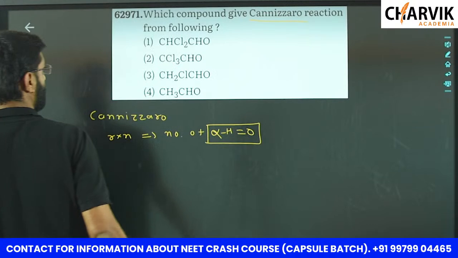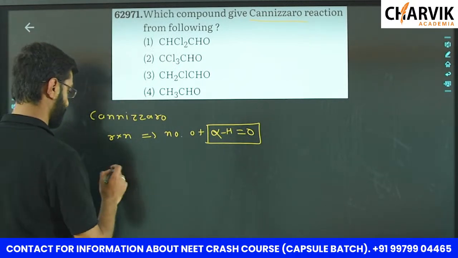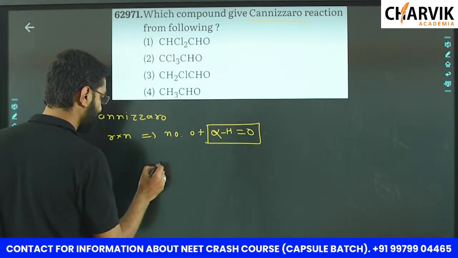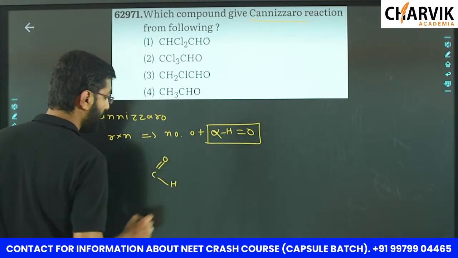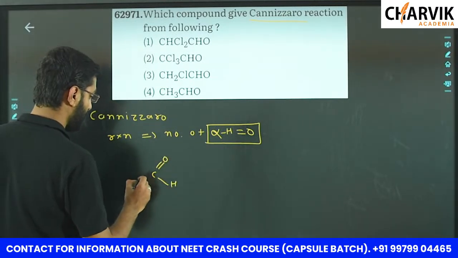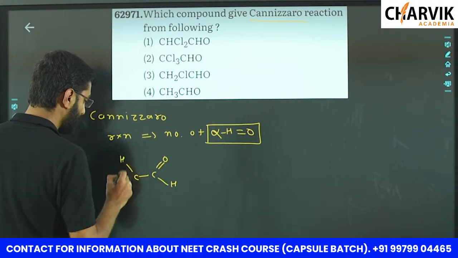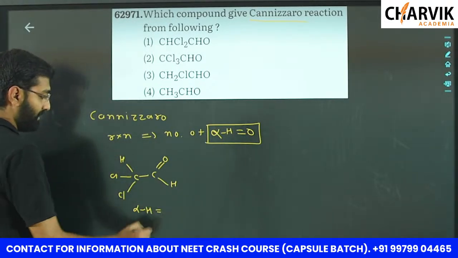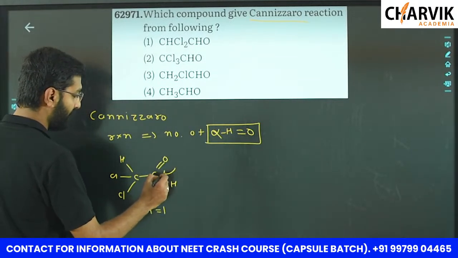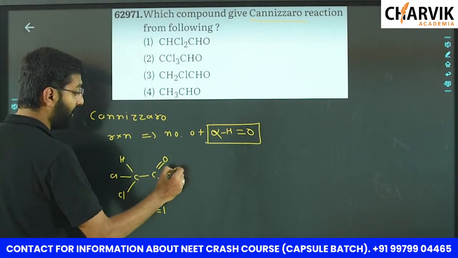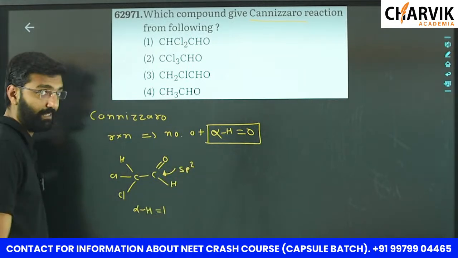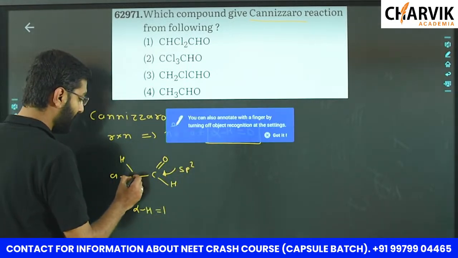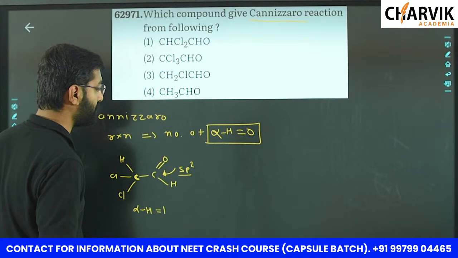So our first option is CHCl2CHO, C double bond O H. The number of alpha hydrogen in this case is 1, because the carbonyl carbon is sp2 hybridized and this carbon is attached to this sp2 carbon.